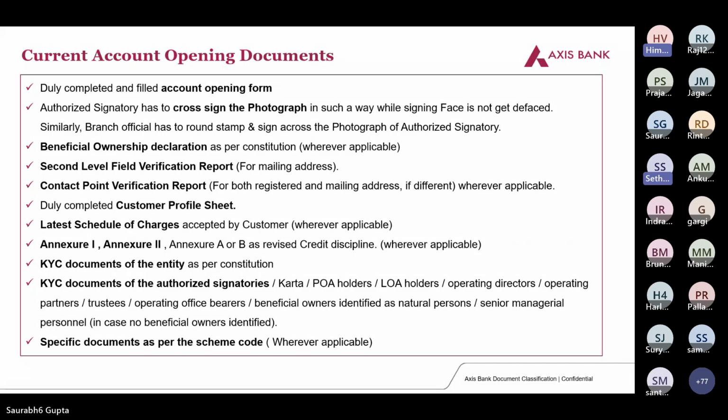Then there are certain scheme code current account variants specifically for CSC agents, common service center agents. In such a case, the CSC ID or their identity card becomes a mandatory document. So depending upon the current account variant, certain additional documents will come into picture, and if those documents need to be collected, they also need to be part of your current account onboarding documents.